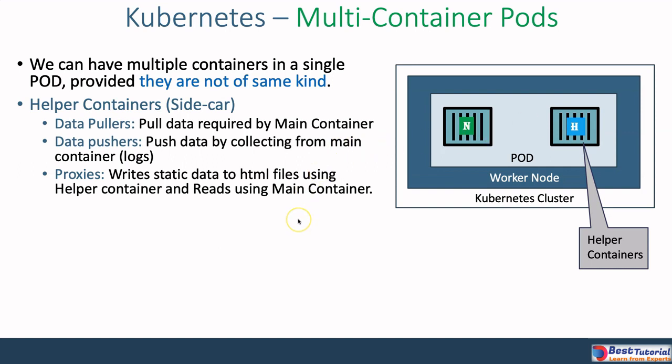We can call them data pullers, data pushers, or proxies. As data pullers, they pull data required by the main container from some other service in the network, or they push data by collecting information from the main Nginx container, or they can even act as proxies, for example writing static data to HTML files using the helper container and reading it using the main container.